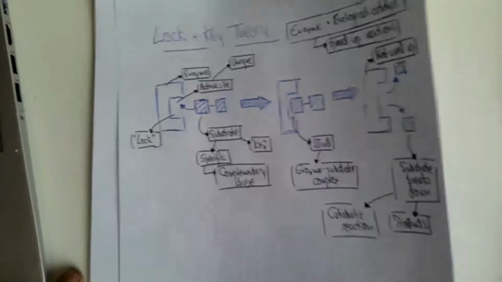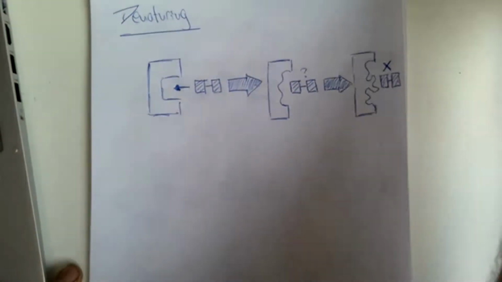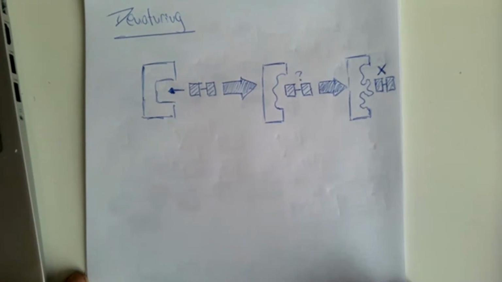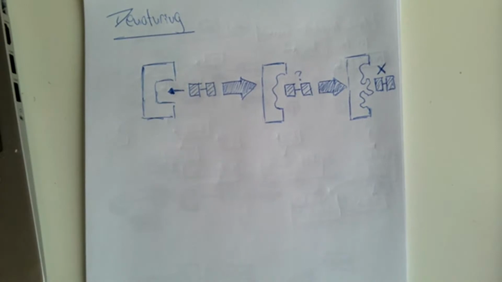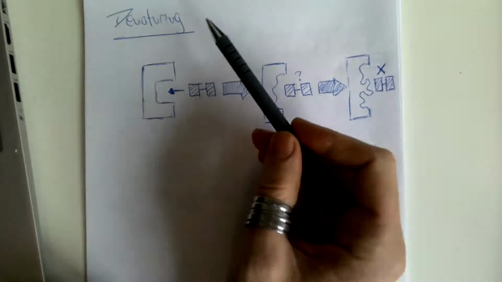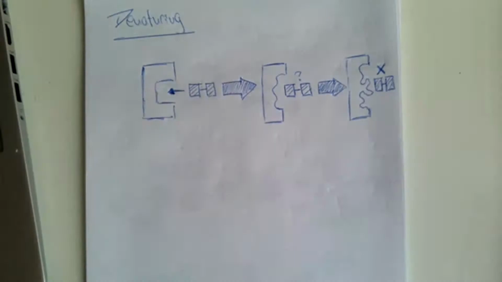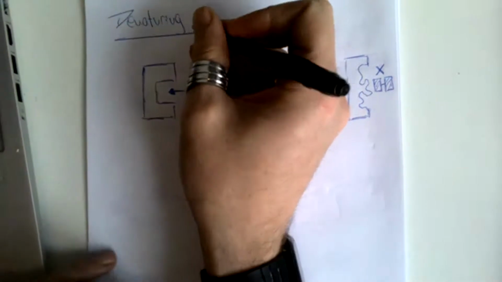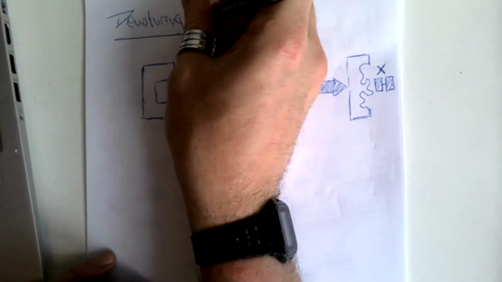But there come points where this can be affected so that it doesn't work as well. Now, this process, where the bonding of the active site and the substrate molecule to form new products doesn't work as well, is called denaturing.